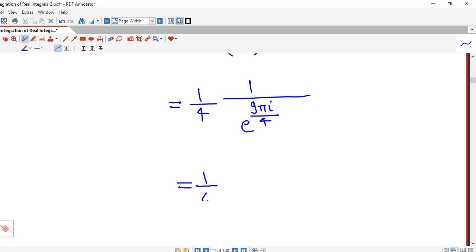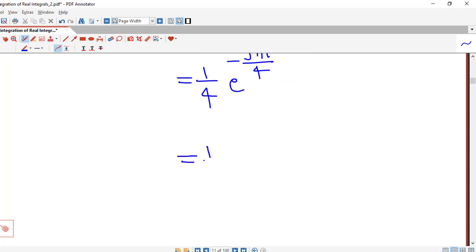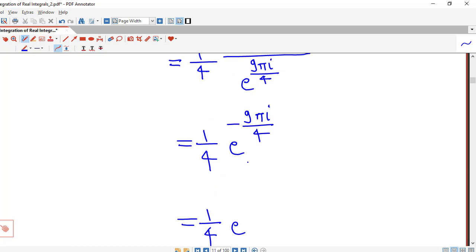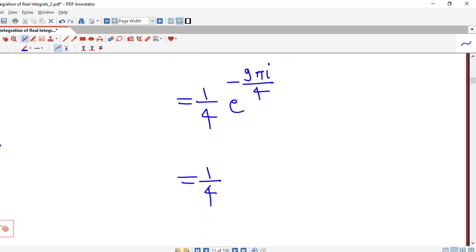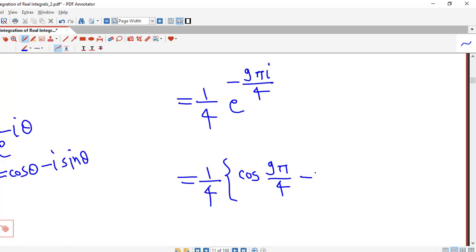So if we rewrite this, we have e raised to minus 9 pi i divided by 4, and if we wish we can simplify this. e raised to minus 9 pi i by 4 can be rewritten, if we use the formula that e raised to minus i theta is nothing but cos theta minus i sin theta, then we have cosine of 9 pi by 4 minus i sin 9 pi by 4.